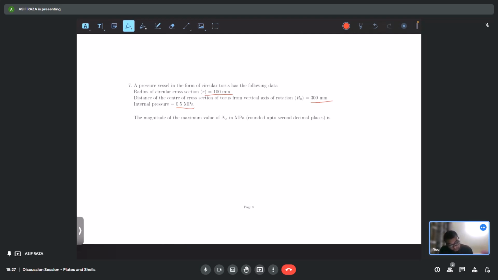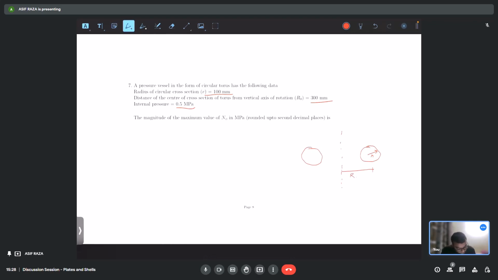So first we need to understand that we are given with a torus. So the radius of circular cross section, this is R, and from here to this is R0.